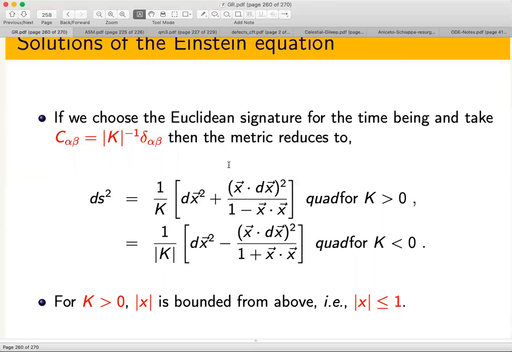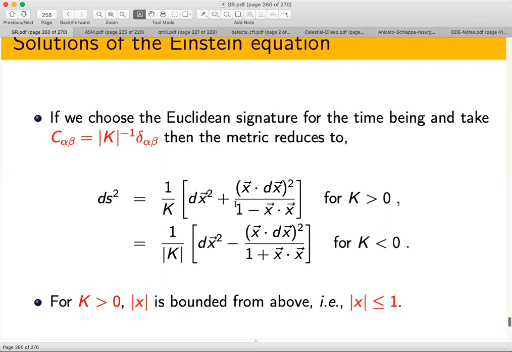Then you can check that the metric would actually reduce to 1 over k times dx squared plus x dot dx whole squared upon 1 minus x dot x. This is what will happen for k greater than 0, and you would get a minus sign here and a plus sign there if k is less than 0.